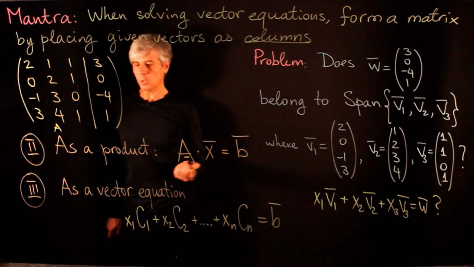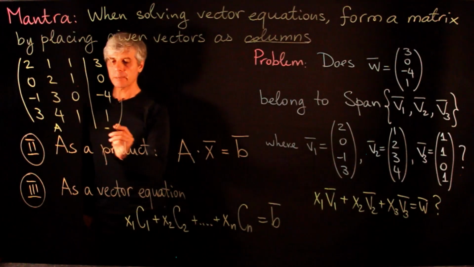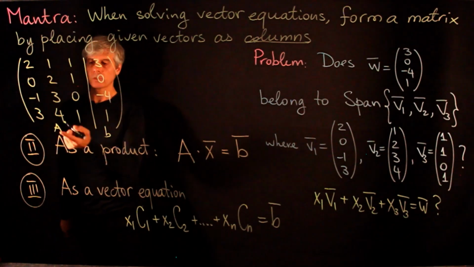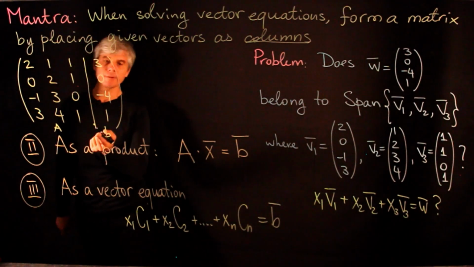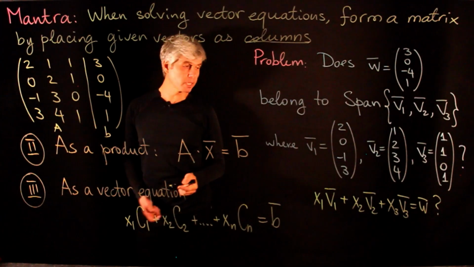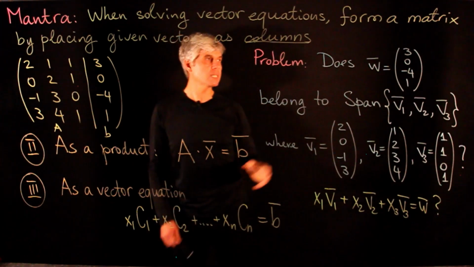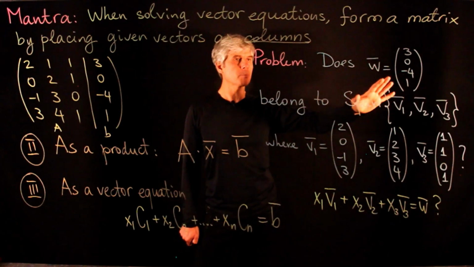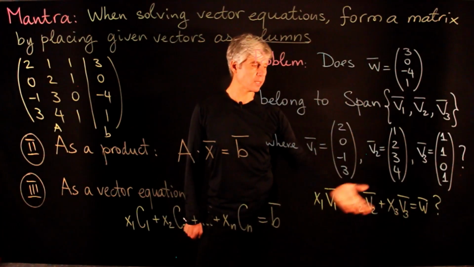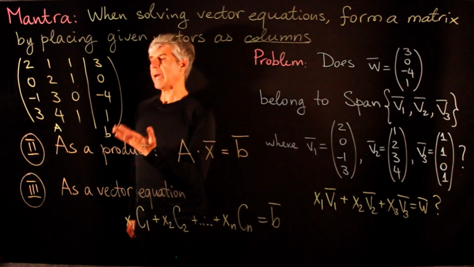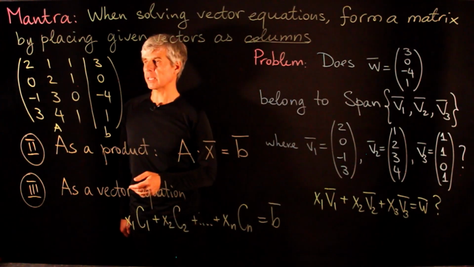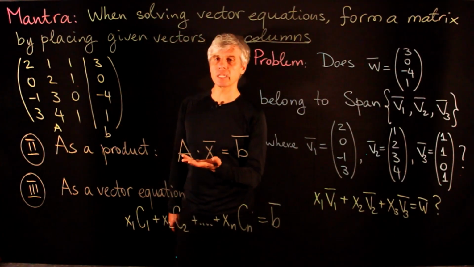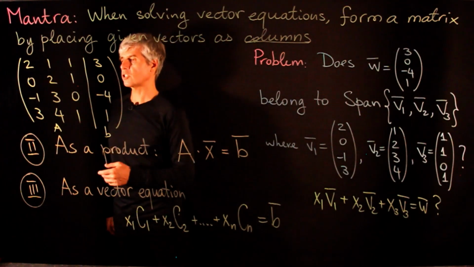Now we've got an augmented matrix of a system of linear equations, and so we get the familiar problem of solving a system of linear equations. We interpreted the vector equation back as the problem of solving a system of linear equations, where we already developed methods like Gaussian elimination to solve such a system.